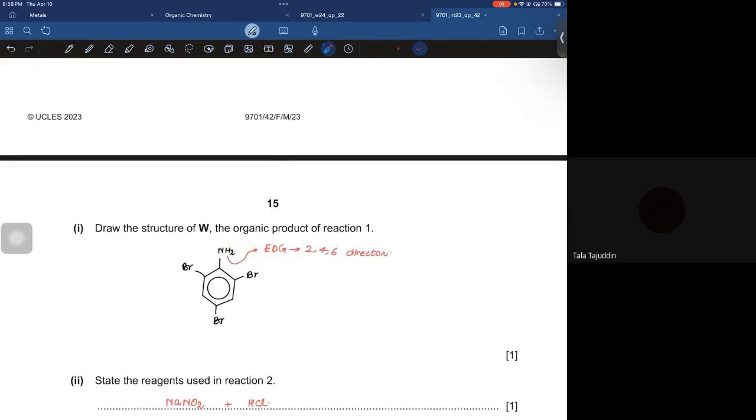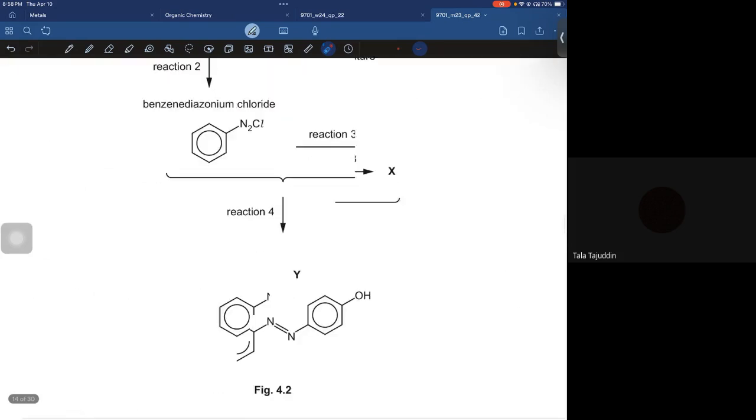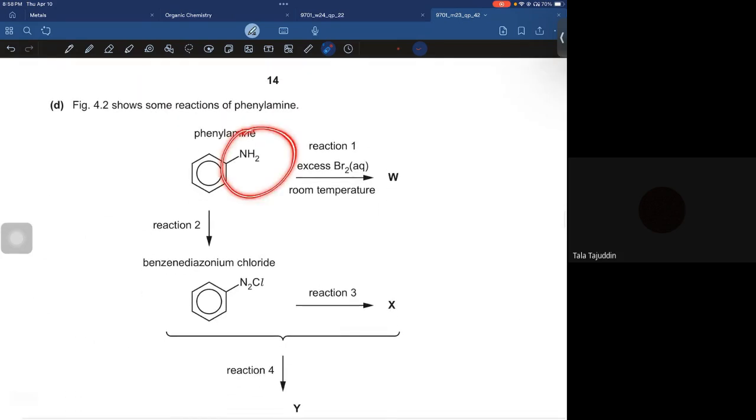I have attached the bromine atom on the 2, comma 4, comma 6 position. Okay, that's why. State the reagents used in reaction 2. In reaction 2, if you can see, this is going to change into this. Of course, this is N triple bond N. I told you when we were discussing organic nitrogen compounds, in the topic of diazonium salt we formed the azo dye that was of yellow color, if you remember.